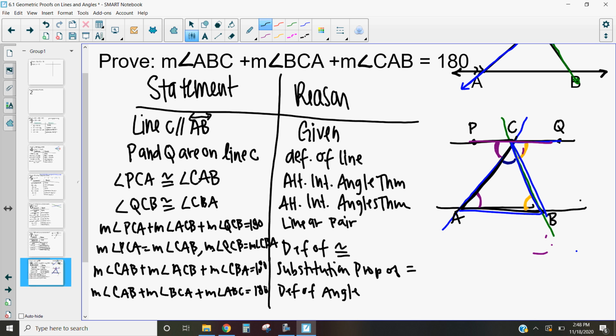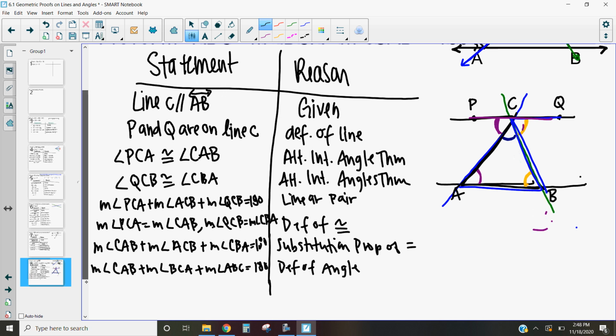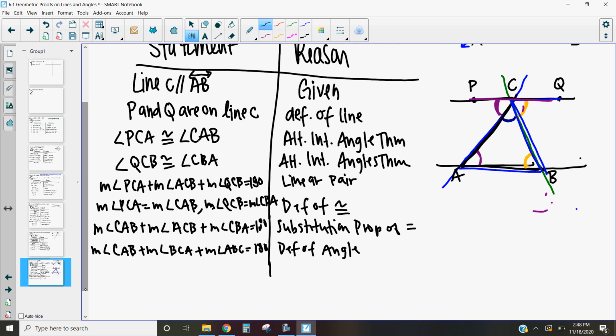Now, the very last thing we need to keep in mind is that we can rearrange this order as we need to. The reason we can rearrange their order is based on the symmetric property of equality, or the reflexive property of equality, or similarly just addition. The fact that addition is closed means that we can add them in whatever order, and it doesn't matter.